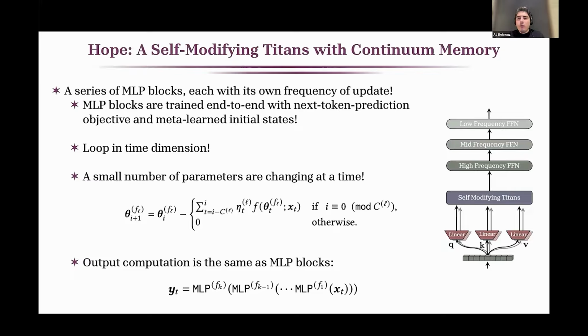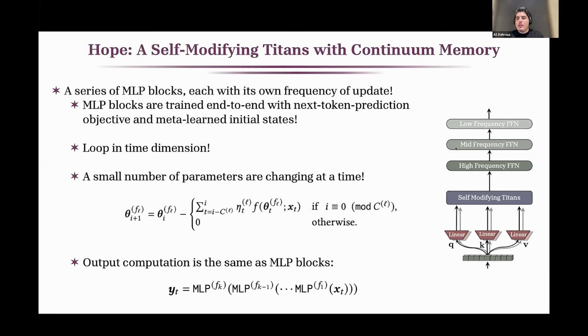And so what we are doing here is meta learning the initial state of each of these MLP blocks so they can adapt fast to the context and update themselves. And why is this design important? Because it provides a loop in the time dimension. If I want to update the model, there is a potential that it faces catastrophic forgetting.